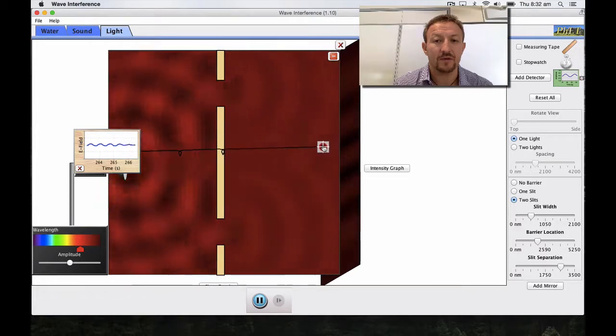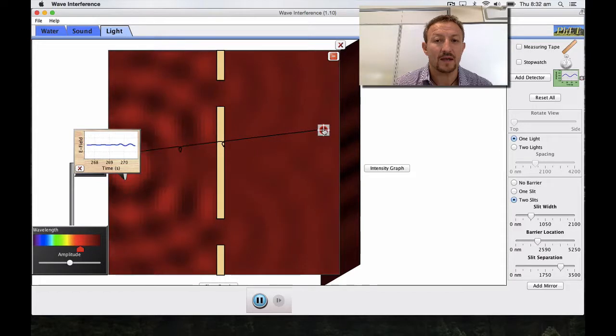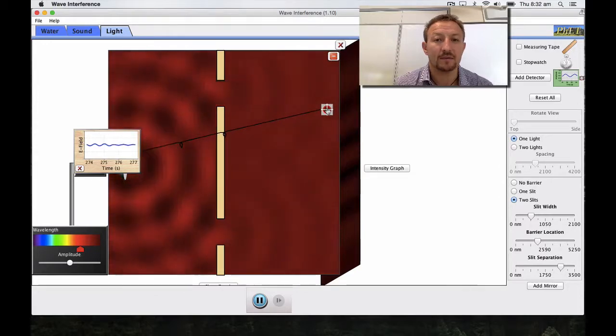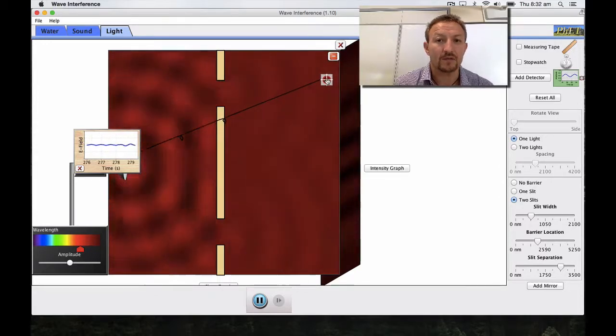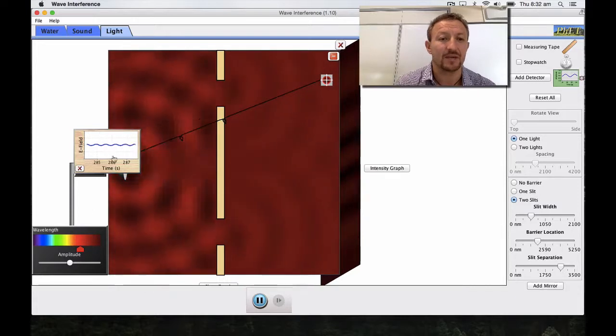Then I go to my node, flat line. Then I go to my 1 order antinode. Then I go to a flat line. Then I go to my 2 order antinode. You can see the amplitude is there, but it's slightly diminished because it's losing energy.